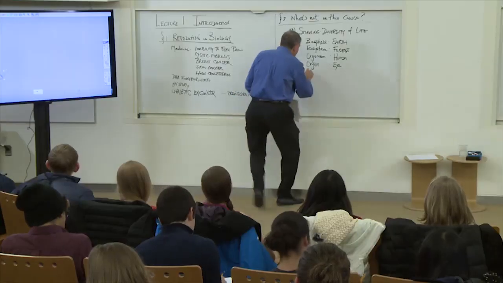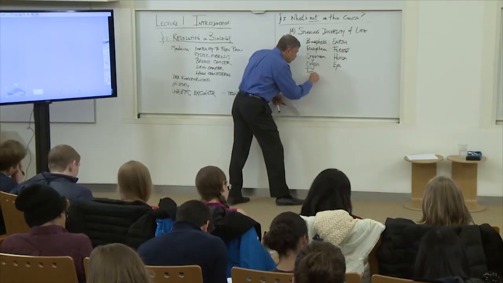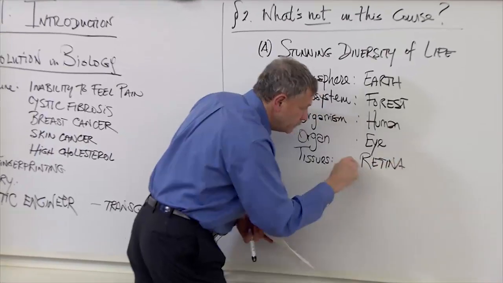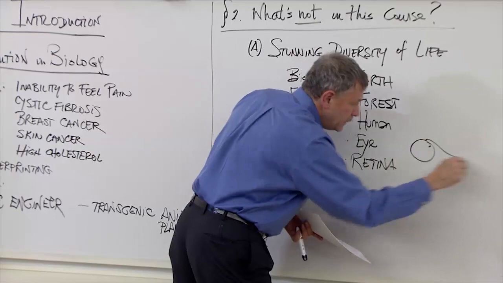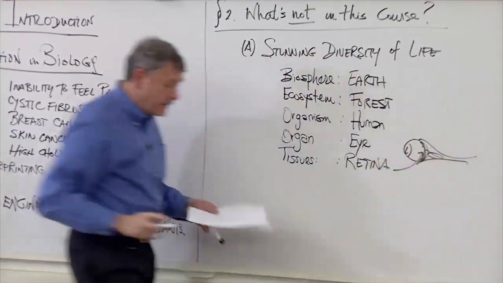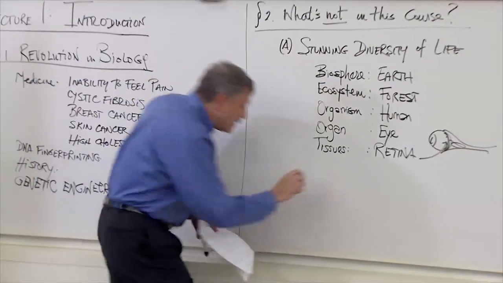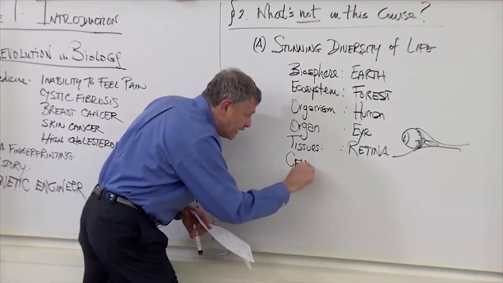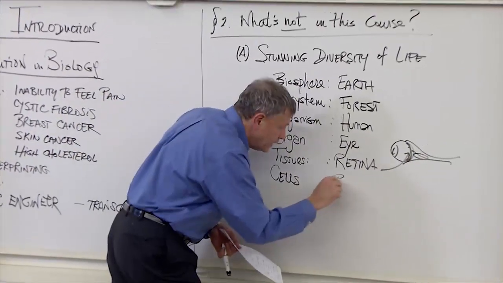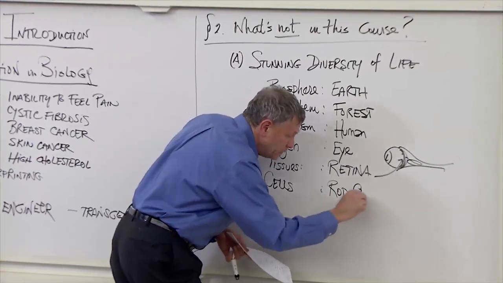So you might study tissues like the retina in that eye. So we have muscles, and we have a lens, and the retina is back there, so you might study the retina. You might decide to study individual cells in biology, like a specific cell type in the retina, like the rod cell.